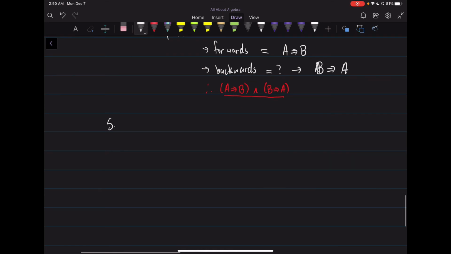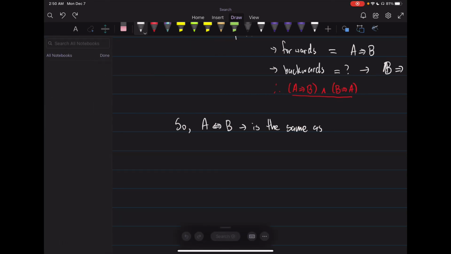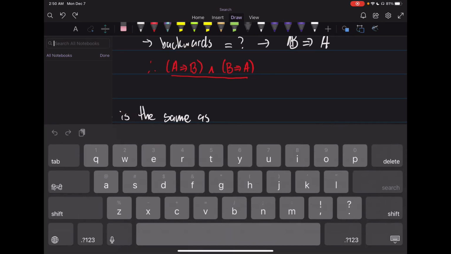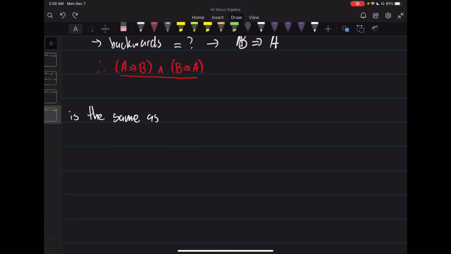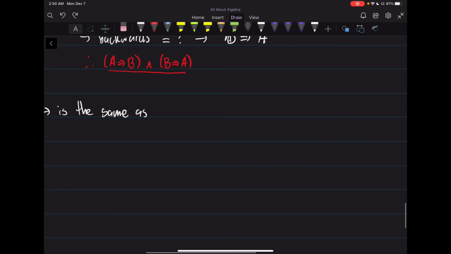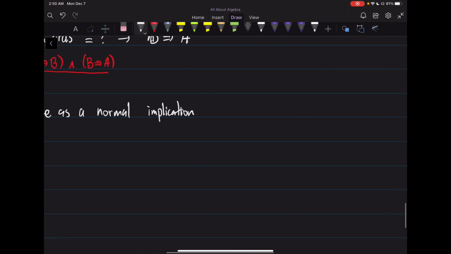So A double implication B is the same as a normal implication plus the converse.